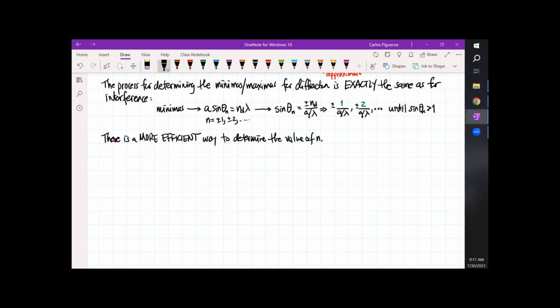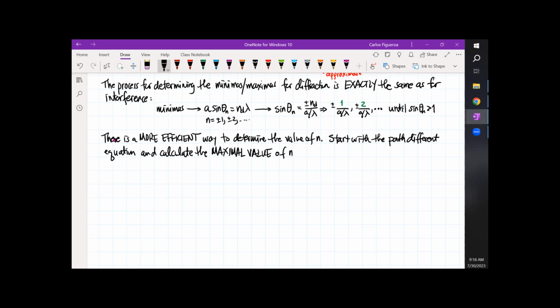The way we do this is that we start with the path difference equation and calculate the maximal value of n.